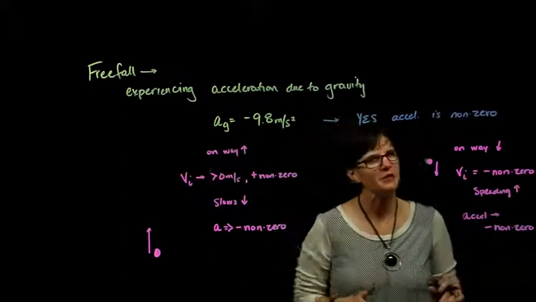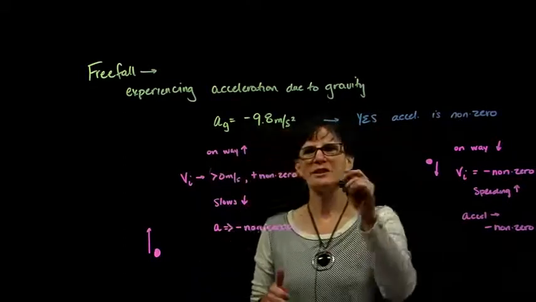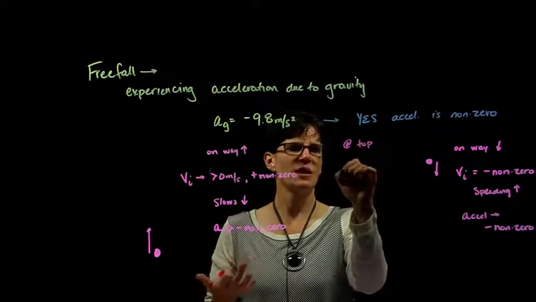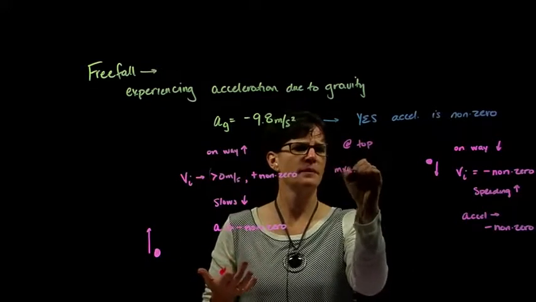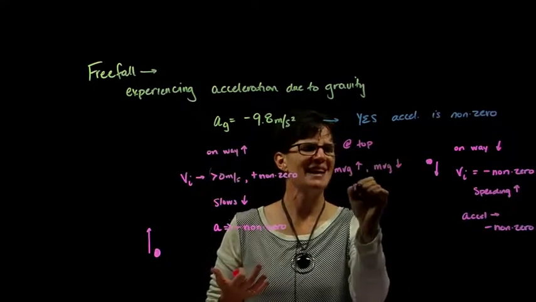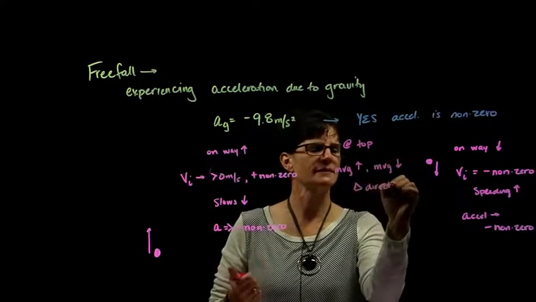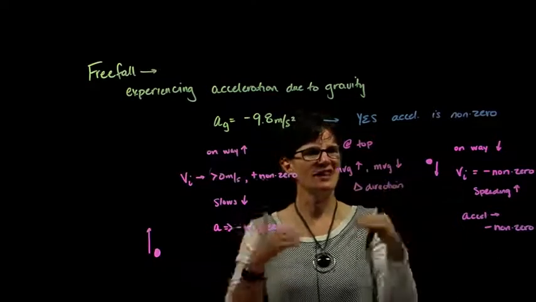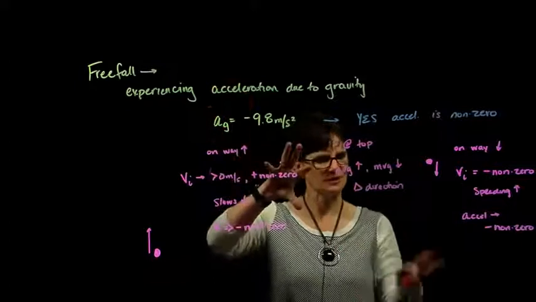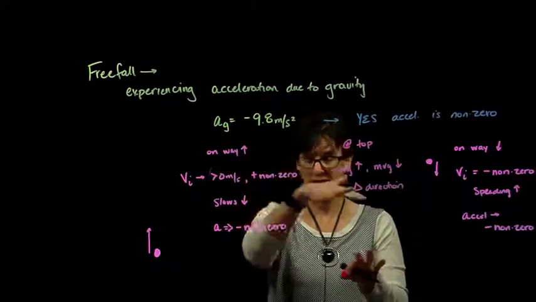What about at that very, very top? Well, at the very, very top, the object is going from moving up to moving down. It's changing its direction. And if it's changing its direction, it's going from a positive velocity to a negative velocity, in this case.